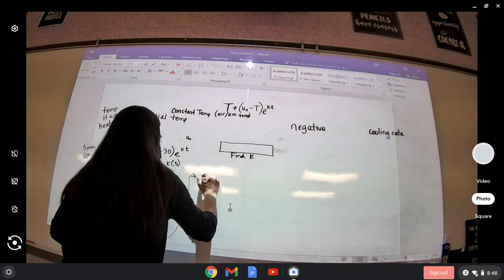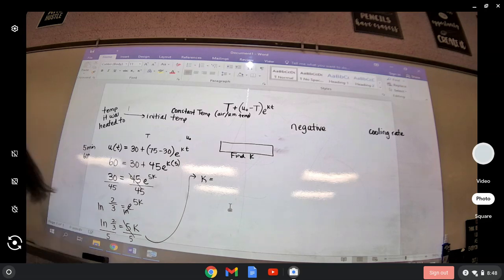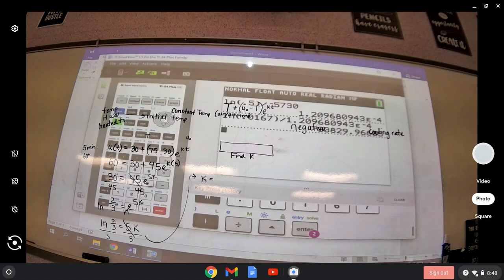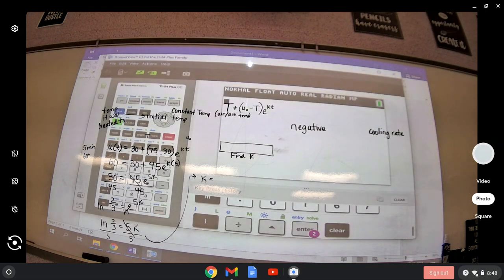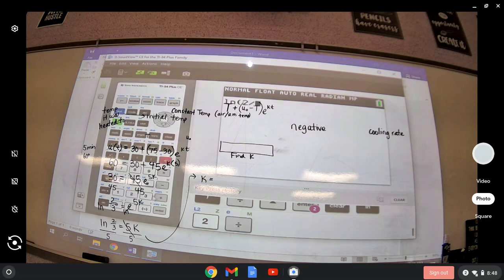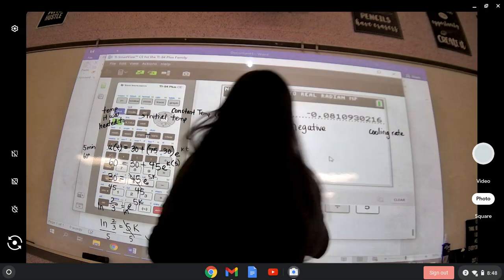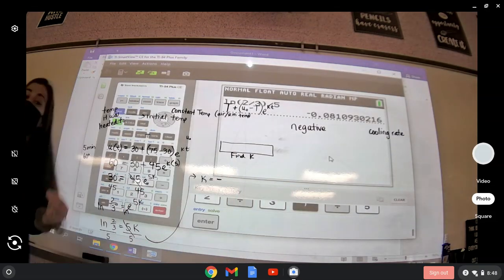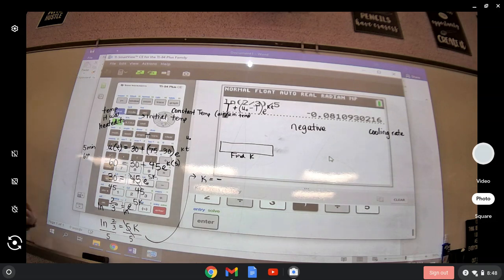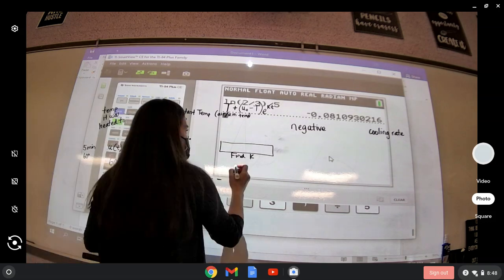And we will end up with K equals negative 0.0810930216. And again, K should be a negative number because it's a cooling rate. The temperature is going down.